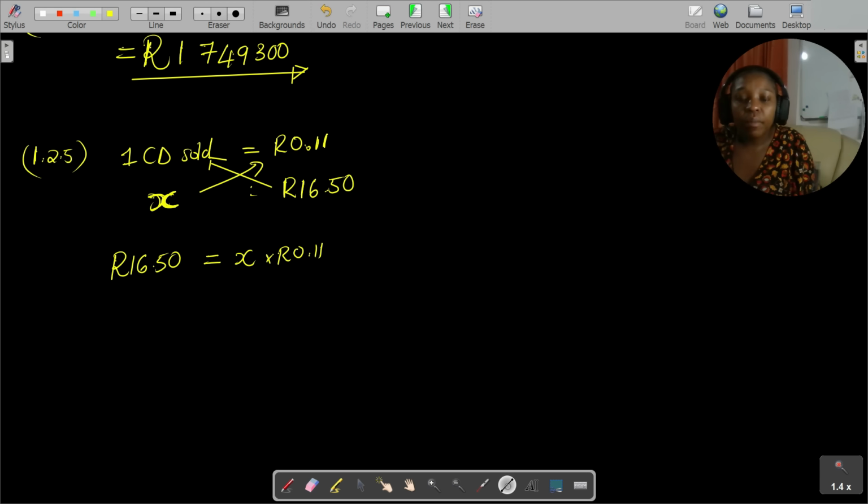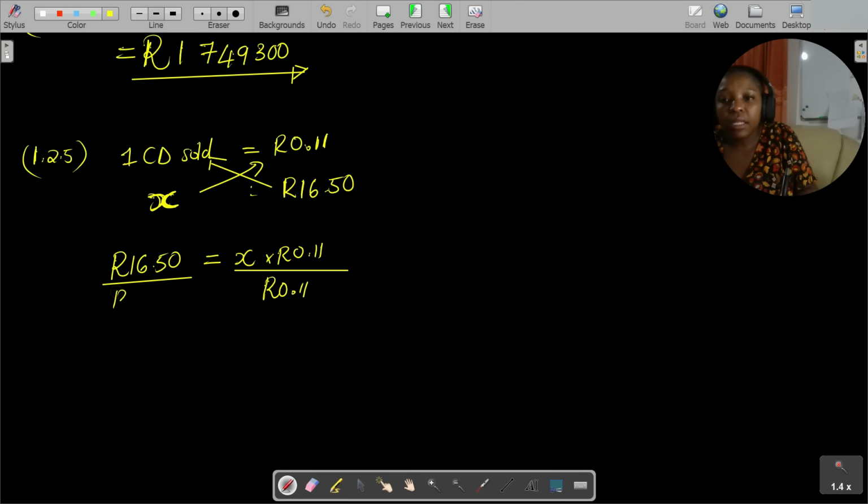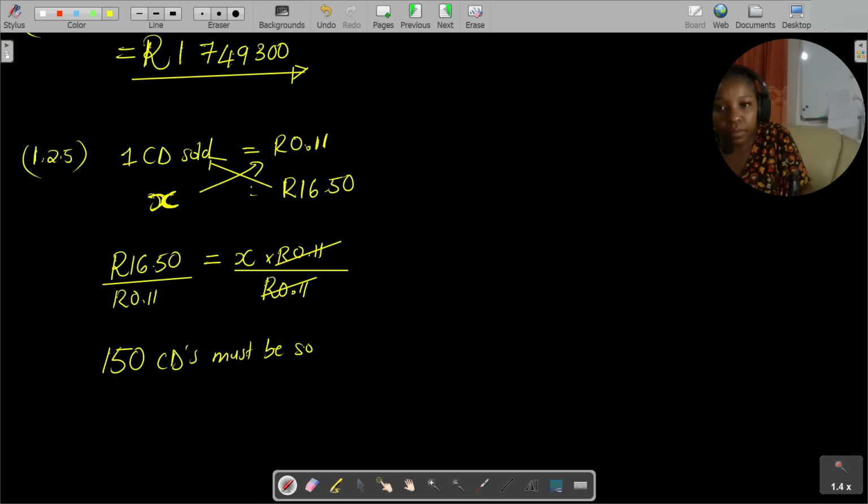Then we're solving for x, so we divide by 0.11. If you take 16.50 divided by 0.11, you'll get 150 CDs that must be sold.